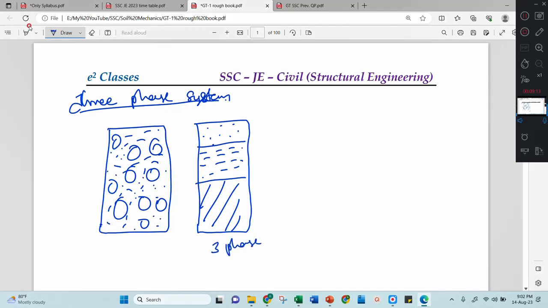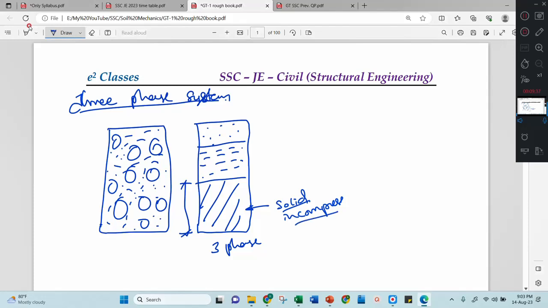Always remember solids are incompressible. Incompressible means this volume is there, and further you cannot compress this volume. Solid means solid it is. No voids are there, no water, nothing. It is just dry solids.